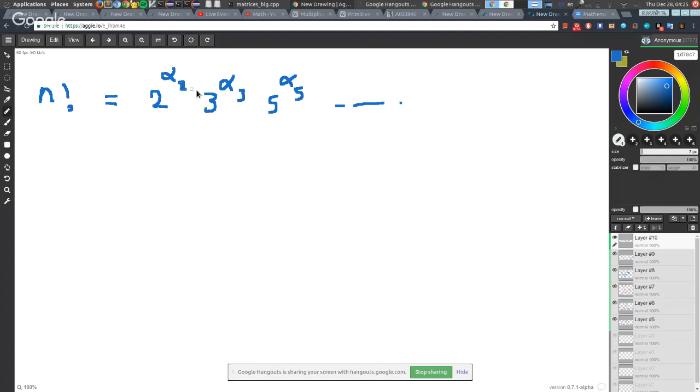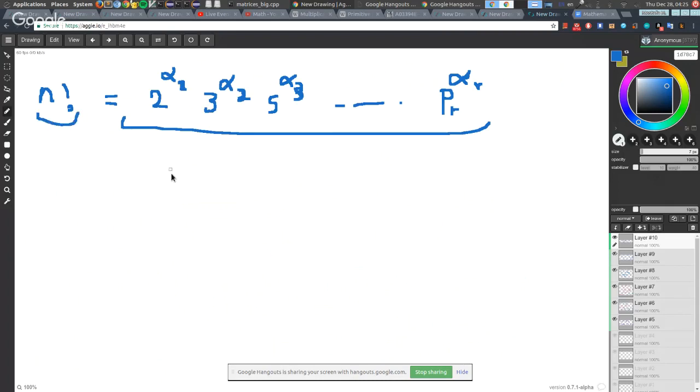All the primes here have to be all the primes up to n, so any prime occurring from 1 to n has to appear somewhere here. Basically we'd like to know what these alpha values are.